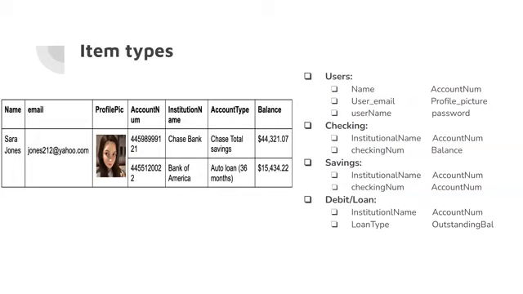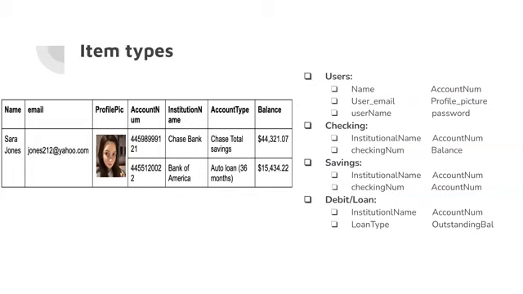And then on the left side of the screen is an example of how the user's metadata record will look like. That will describe the various characteristics and properties. So we have Sarah Jones and her email address, her profile picture, and Sarah Jones has 2 accounts, one with Chase Bank and the other one with Bank of America.